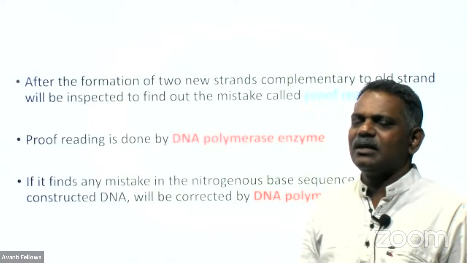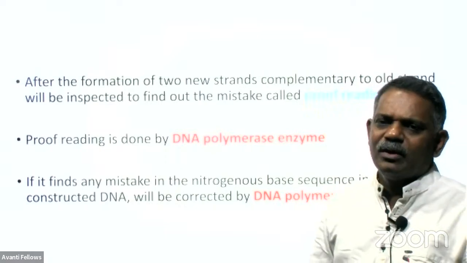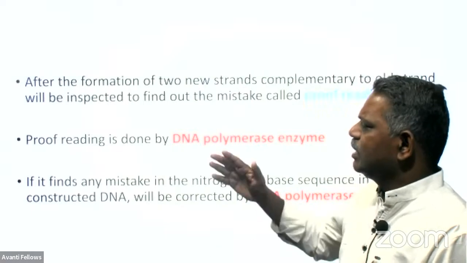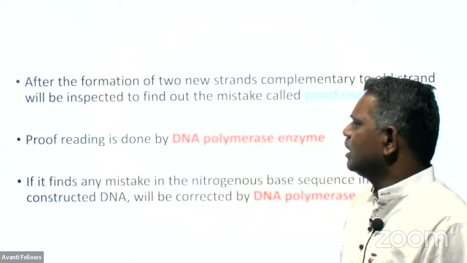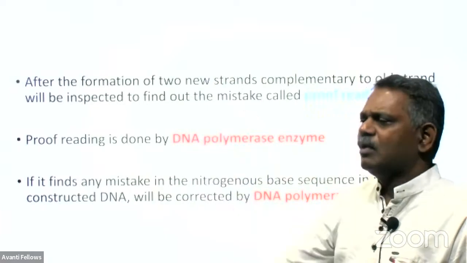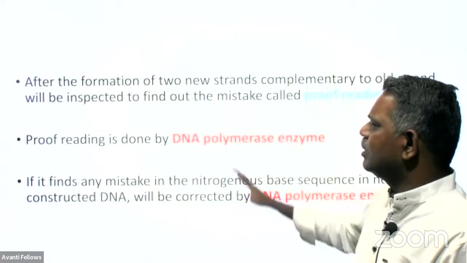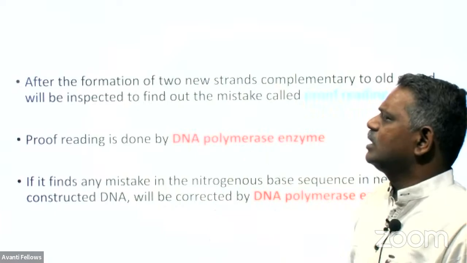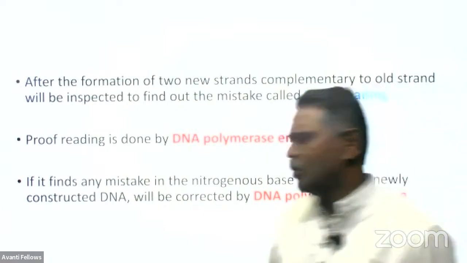Once it is asked in the examination, the functions of the DNA polymerase enzyme: not only elongation of the new strand of DNA during DNA replication, it is also helping with proofreading and also with repairing. If it finds any mistake anywhere during that inspection, it finds it, replaces it and fixes the correct one. That is also done by the DNA polymerase enzyme only, right?